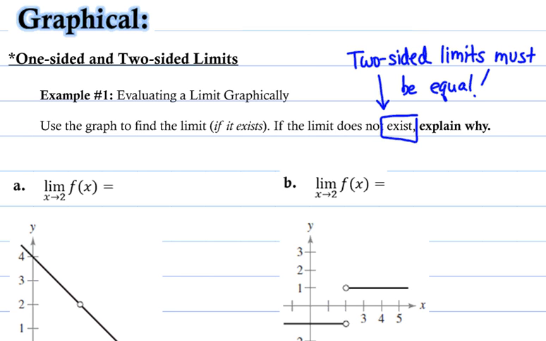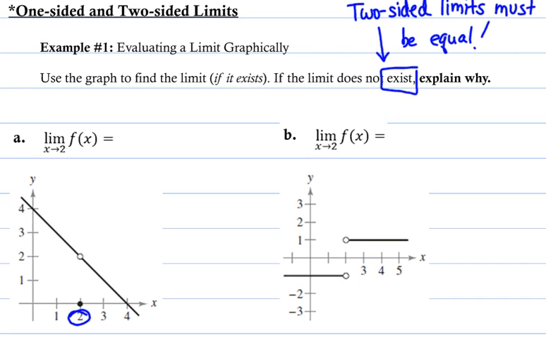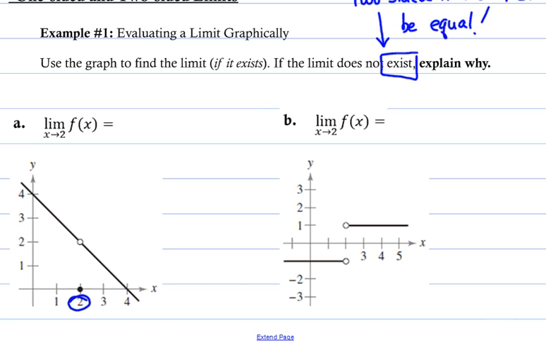Example A. Let's see here. By reading the graph, we should be able to determine the limit of f of x as x approaches 2. So here's 2. Now, here's the confusing part with these kinds of graphs and pictures. If you look, you will see a little black dot right here. Limits have to do with the graph itself, not just random points on the coordinate grid here.